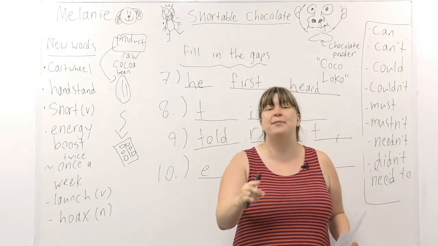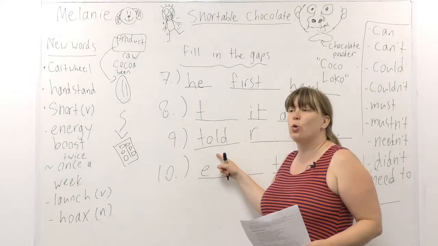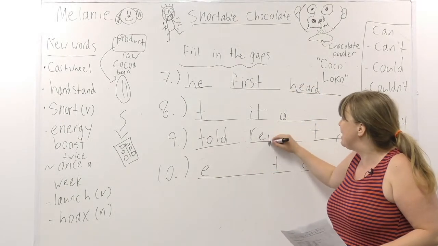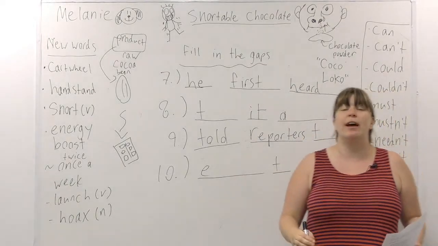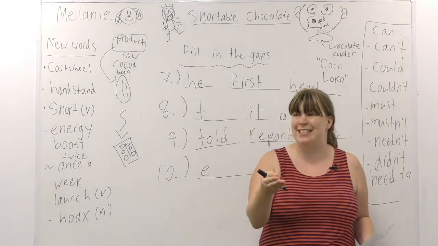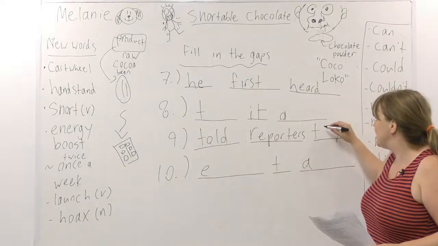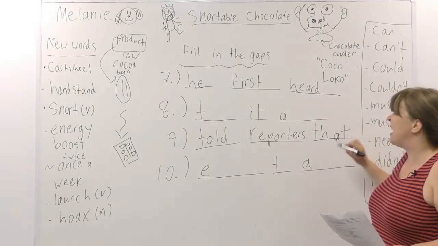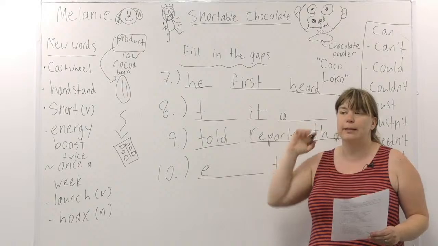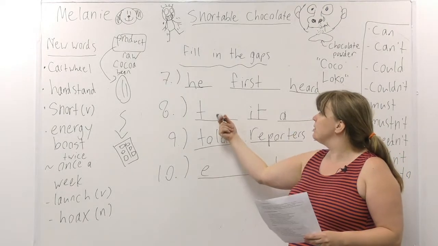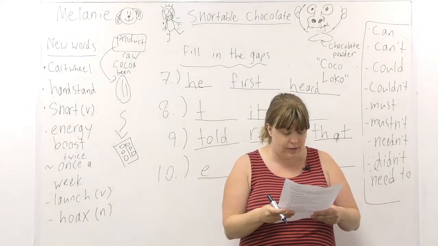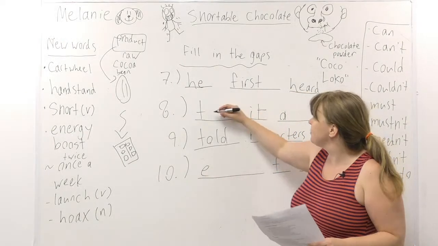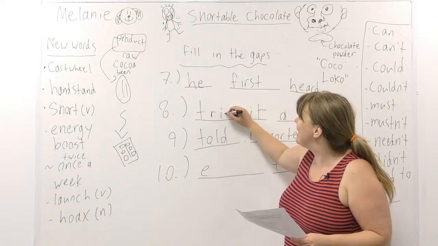So past tense of tell is actually told. And reporters, they are people who report things. Nice. So he told reporters that. Okay. And number 8, that's okay if you didn't get it. So number 8, he tried it.